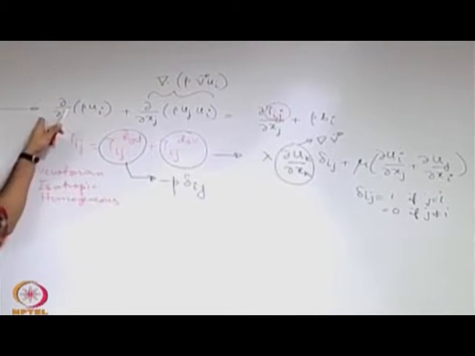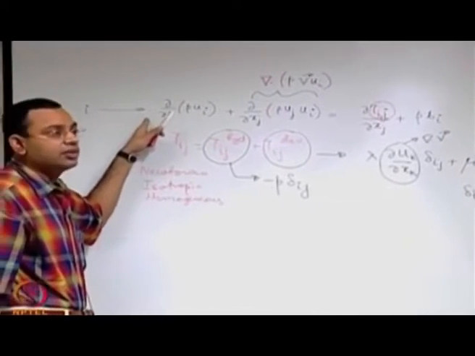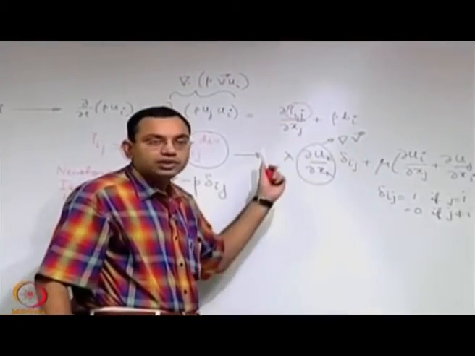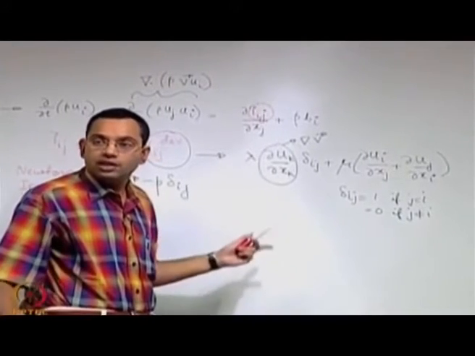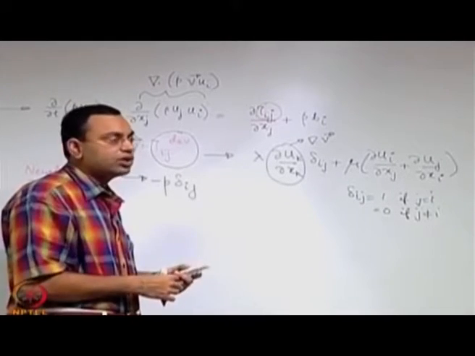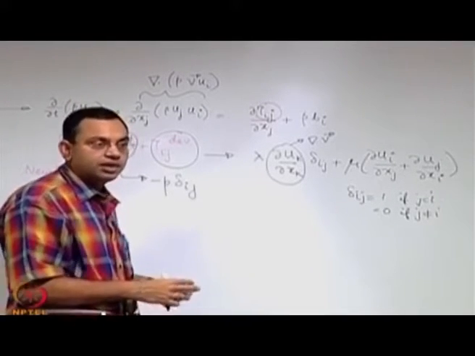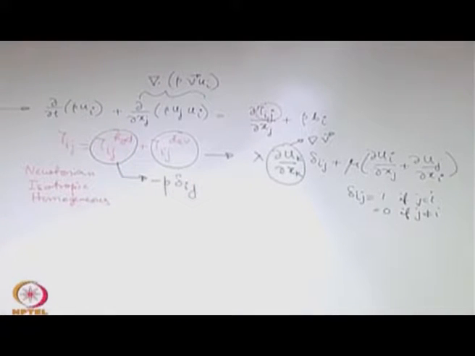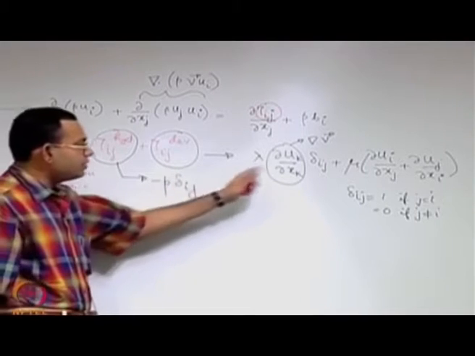For angular momentum conservation you do not get any extra equation, because tau ij equal to tau ji has already been incorporated in some of the derivations, so you do not get anything new out of that. And we will see how, with 4 unknowns and apparently 3 independent equations, we can close the system. But before that, let us look into some of the implications of these terms.